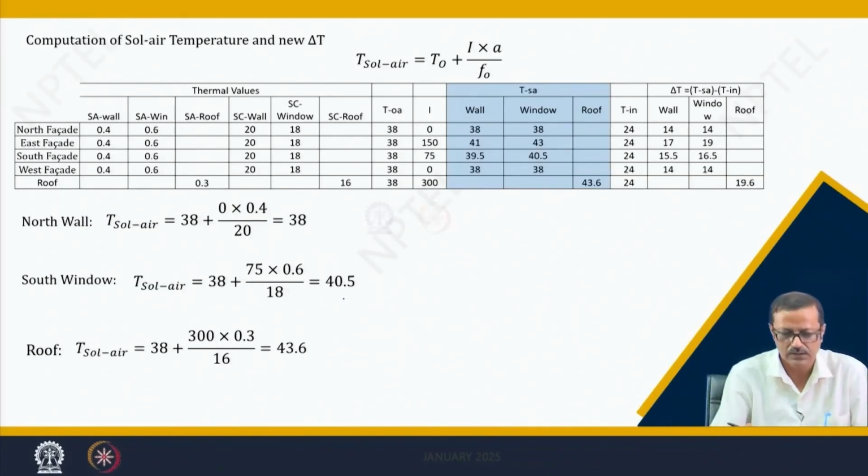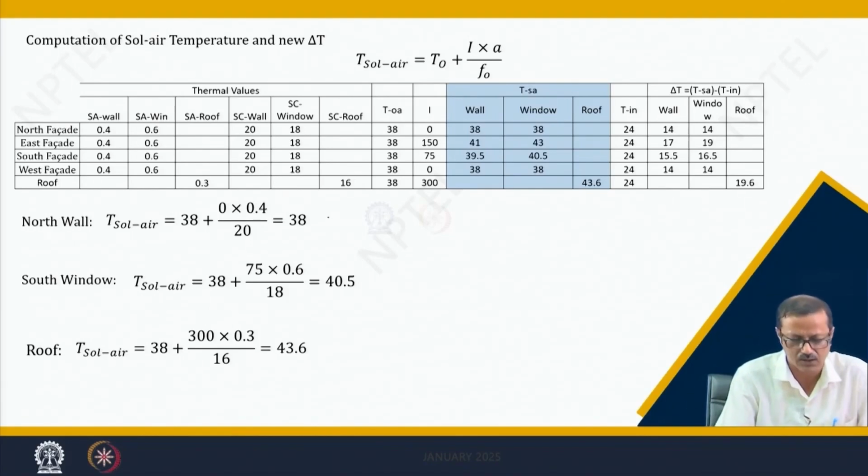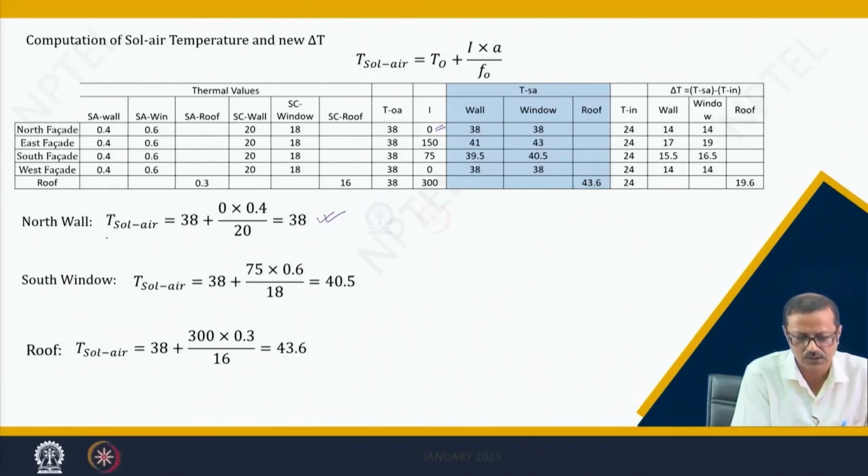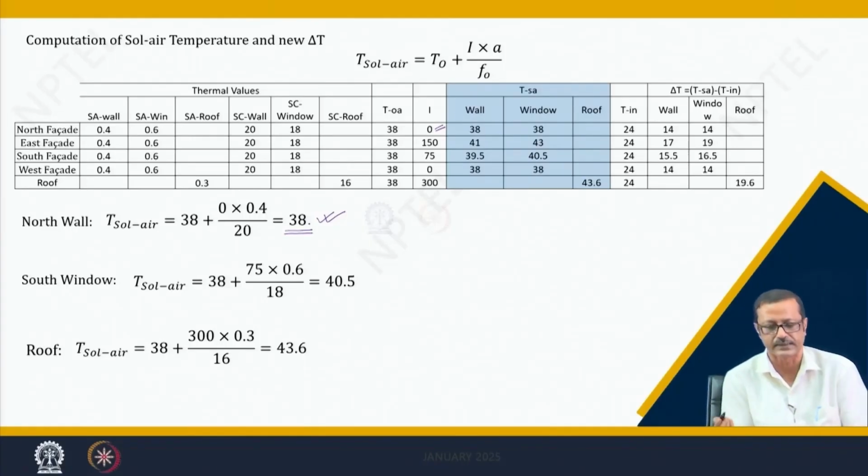I have given 3 sample calculations, starting with the north wall. For the north wall the solar radiation is 0, so the solar air temperature becomes the same as the outdoor temperature, 38 degree.